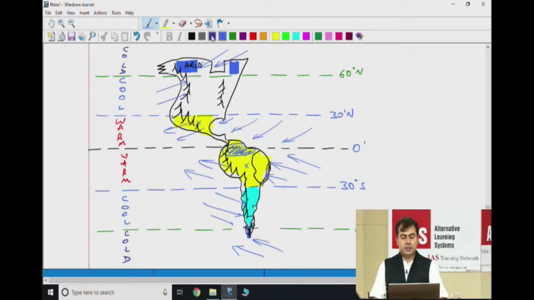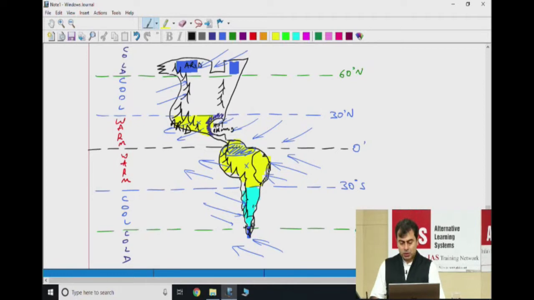So the trade winds are bringing a lot of moisture on this side. Yes or no? This also. So probably they will make this area hot and humid. But this area, where it is offshore, will be hot and arid. And we have deserts over here. Yes or no? Likewise, this is hot and humid.